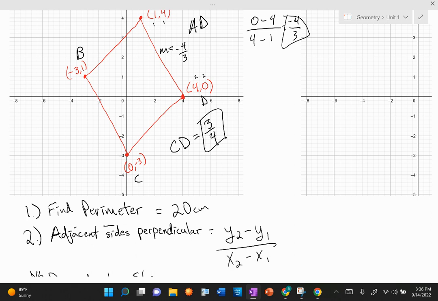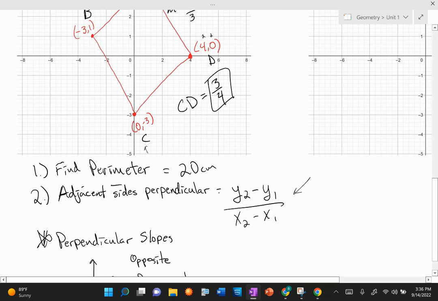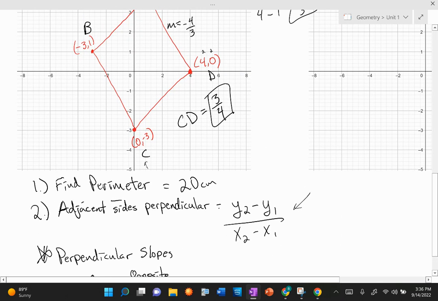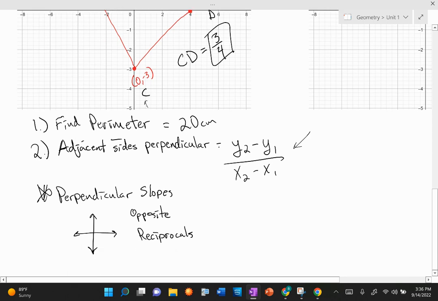Okay, how do you check that? Just use the slope formula. You could plug in your coordinates for C and your coordinates for D to check to make sure that that slope is 3 over 4. I would like for you to do that real quick. Okay, so use the slope formula. Which part? That one right there.